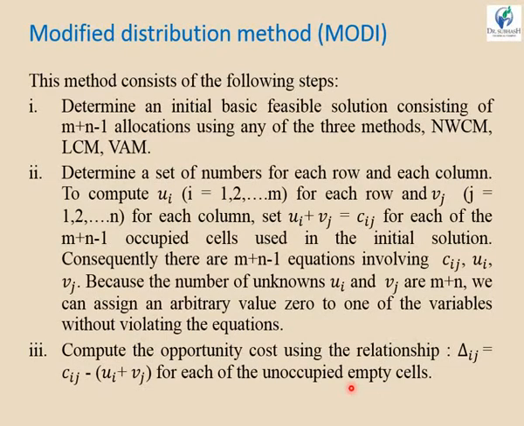The cells in which there is no allocation are called unoccupied cells. Now we will find the opportunity cost of all the unoccupied cells using this relationship, delta ij is equal to cij minus in bracket ui plus vj.